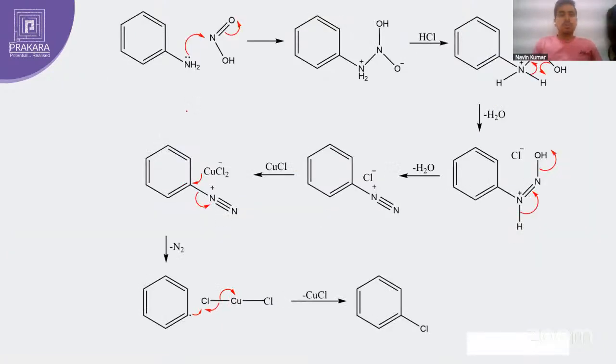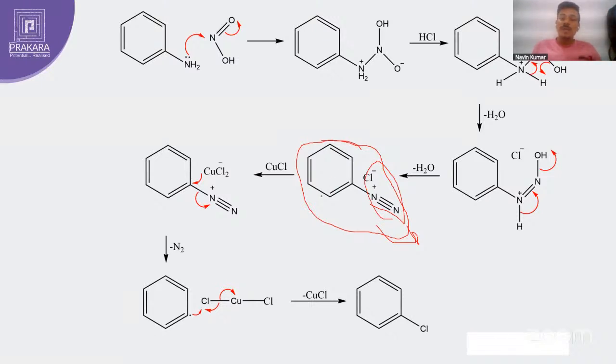Now we are going to see the overall reaction. The reaction generally begins with the amines. And when this is reacted with molecules in different steps, in the intermediate it gives the diazonium salt. This is the N2Cl salt, right? Aryl diazonium.